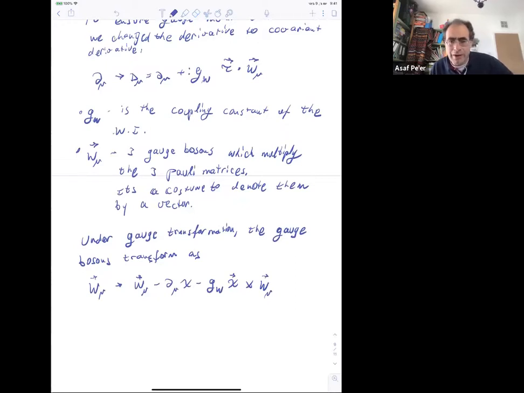Now, why is it a cross term? Because the structure constants of the SU(2) group are just the Levi-Civita symbols.